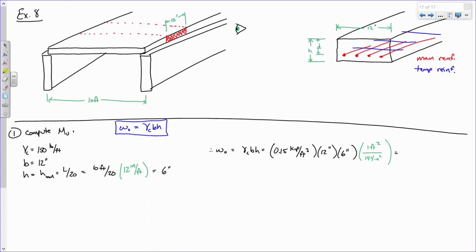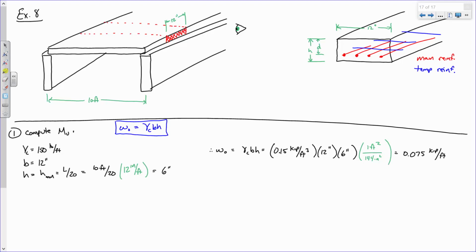So what does that come out to be? 0.075. Do I have a second on that? Okay, and that's kips per foot.